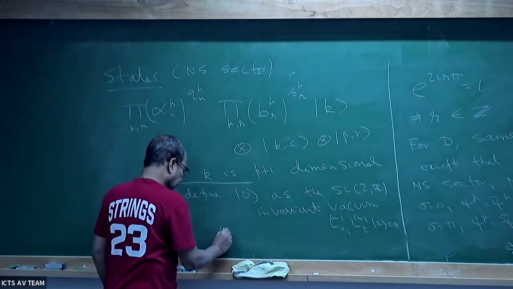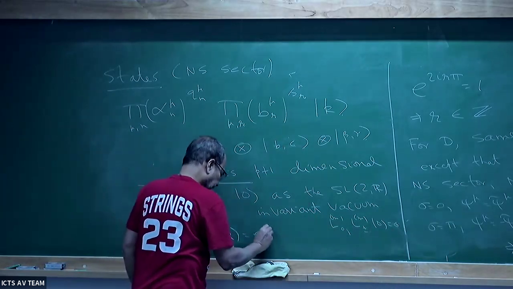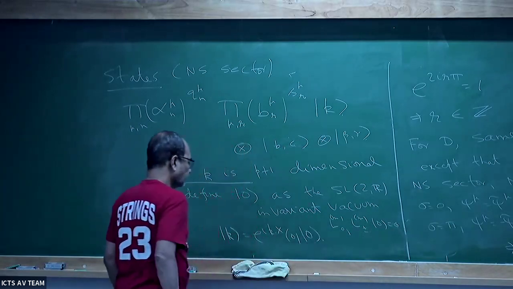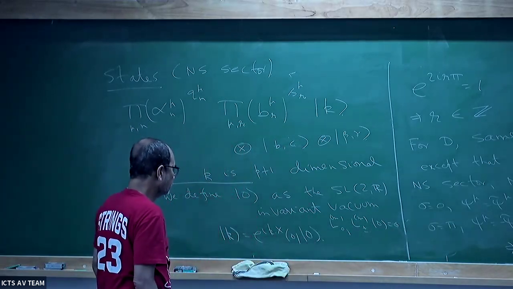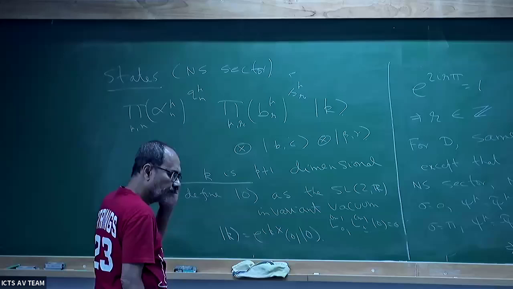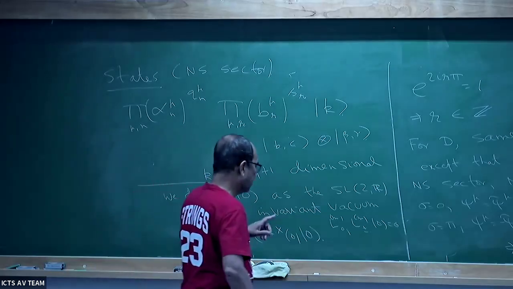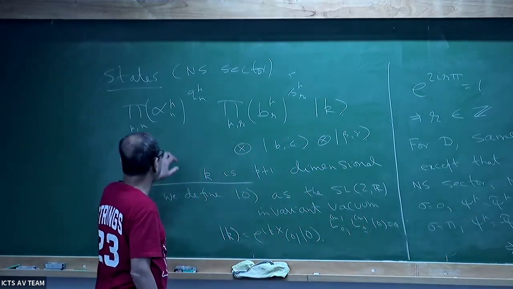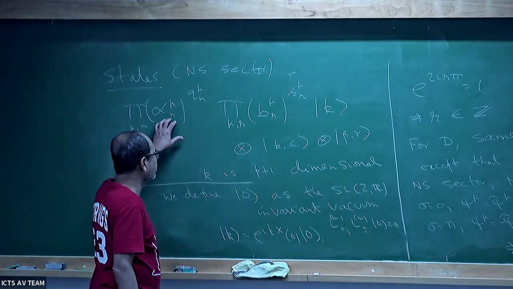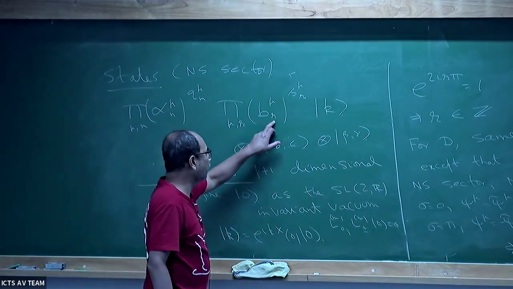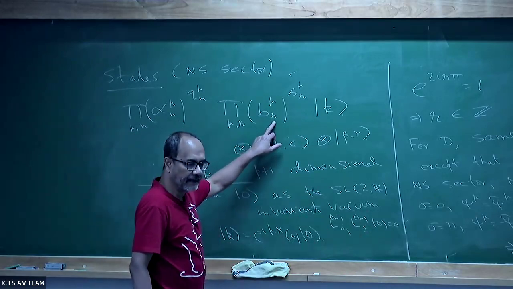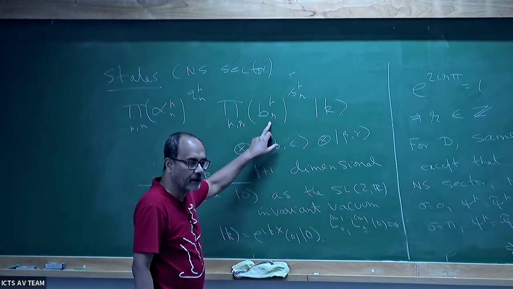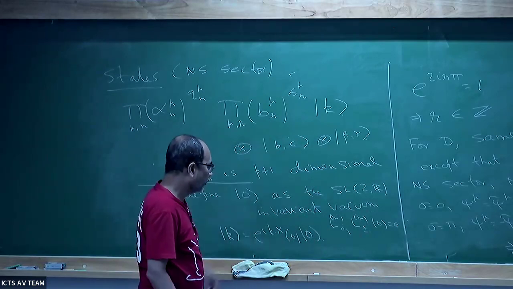And then k we define as e to the i k dot x acting on the vacuum. In particular, it is important that the vacuum is unique because these modes are half integer moded in the NS sector. So there are no zero modes in the fermionic sector. No fermion zero modes.